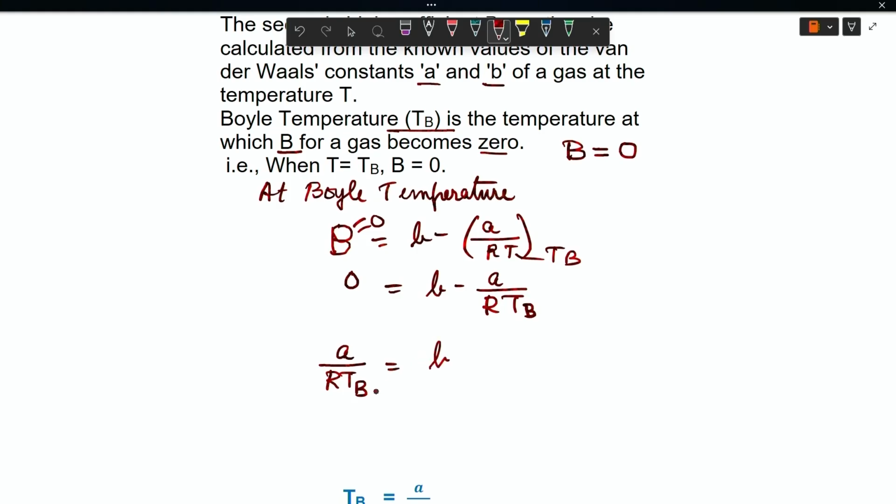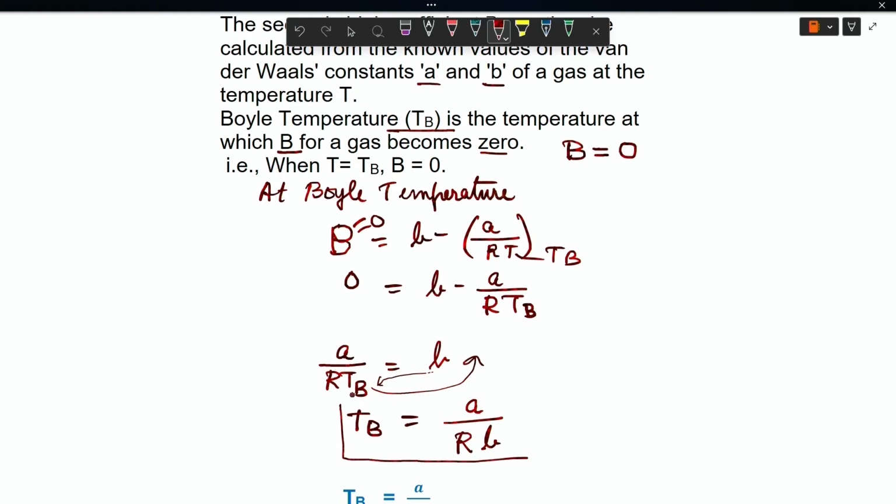that is equal to B, and TB will be equal to, B will come to the denominator, TB will go to the numerator. So, TB will be equal to A by RB.